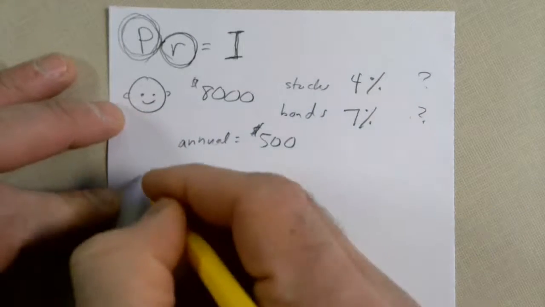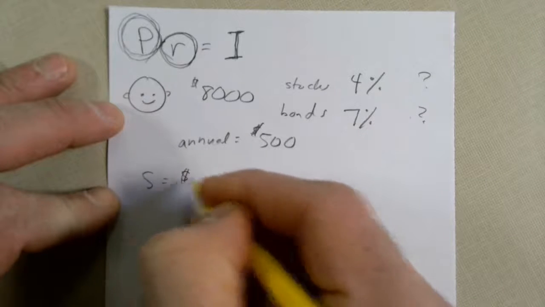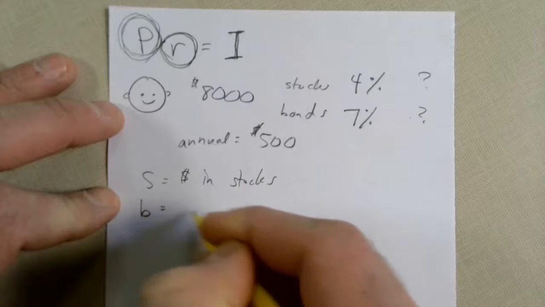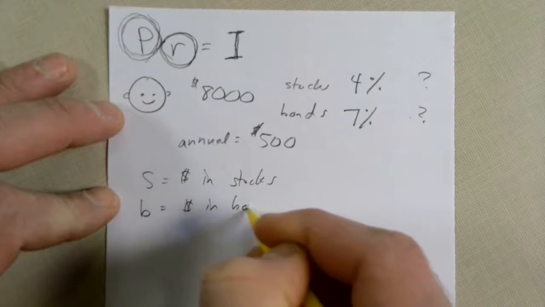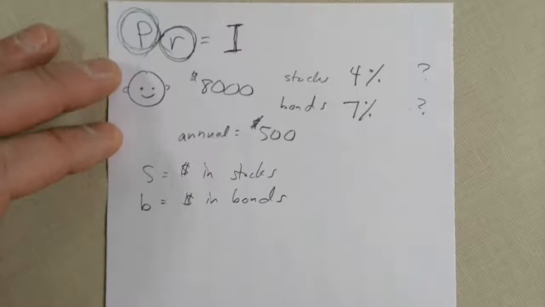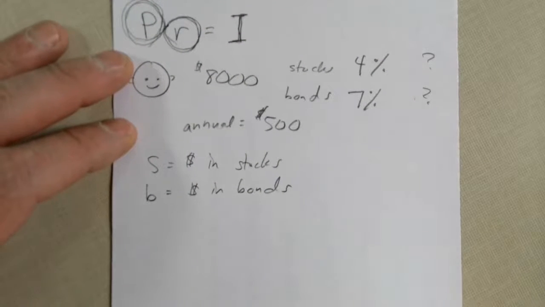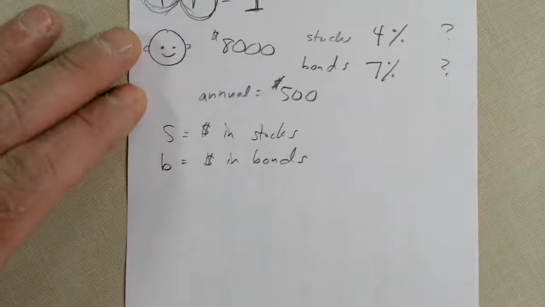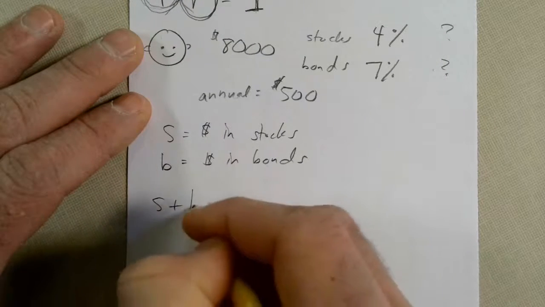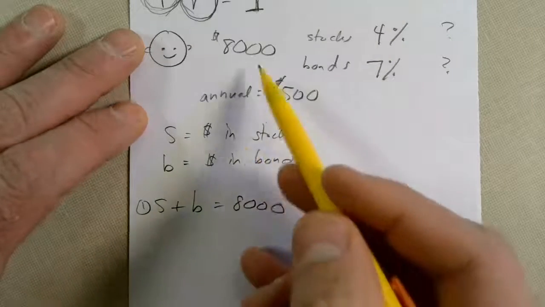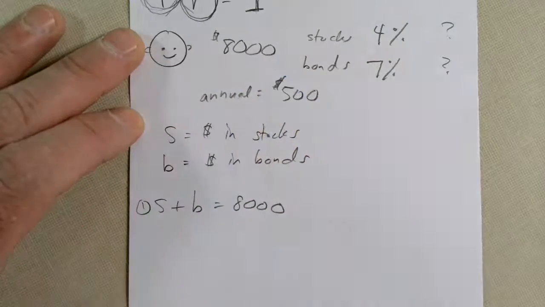Well, let's just say that S is equal to the money in stocks. B is the money in bonds. Now, we need to get our two equations. Well, I think we can handle that. Equation number 1: S plus B is equal to 8,000, because the money in stocks and bonds has to equal 8,000.